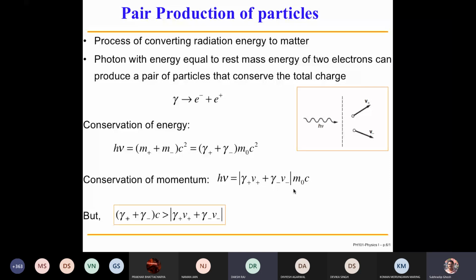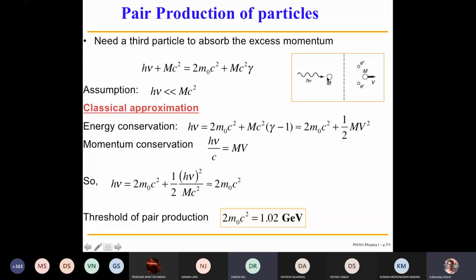So there comes the third particle. I have a third particle at rest, a nucleus of rest mass m, and the photon goes and hits it, donates its energy, and as a result the electron-positron pair is created, and this fellow, which was at rest, is moving with a velocity v.